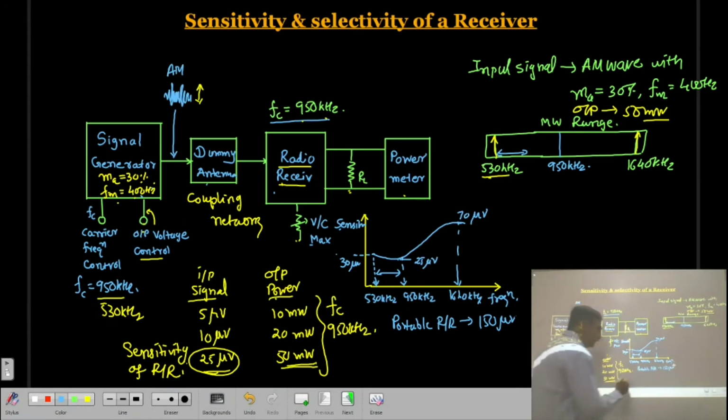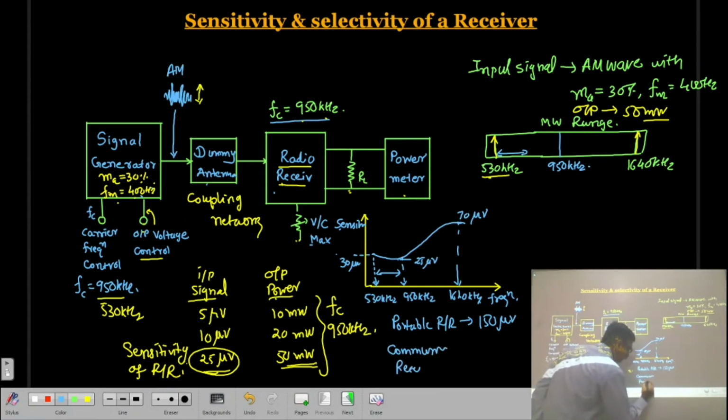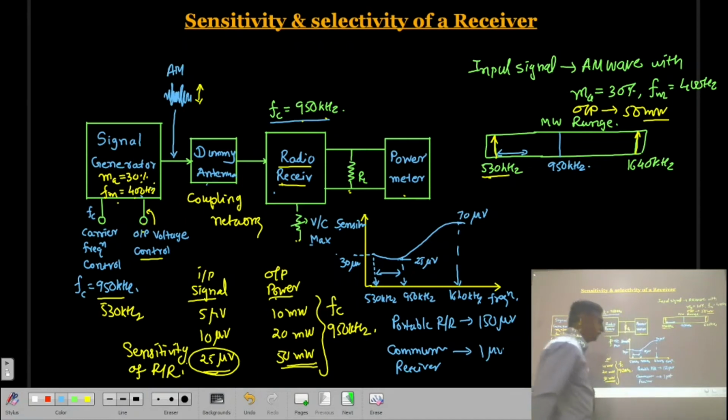And a communication receiver, meaning the radio used for R&D purposes, has a sensitivity on the order of a few microvolt, 1 microvolt. So these radio receivers are very sensitive.